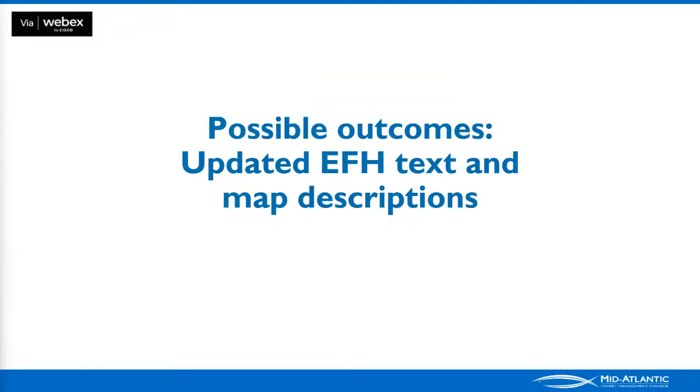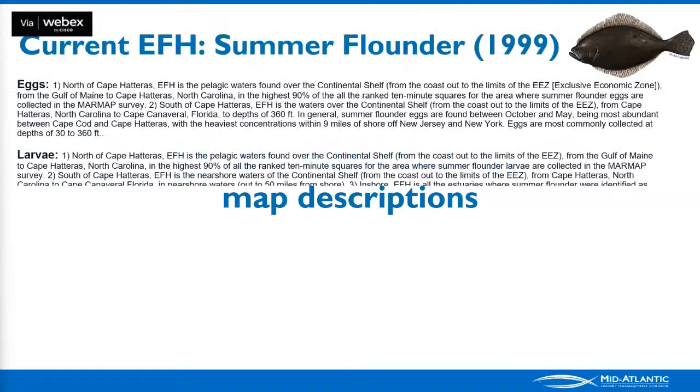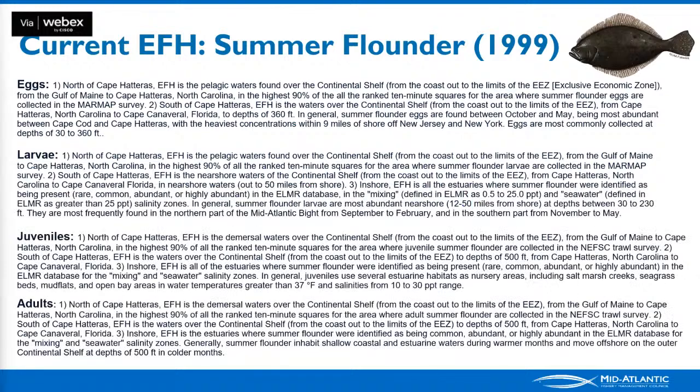So some possible outcomes. We noted some of these in the memo that's in your materials, but we would expect to have updated EFH text and map descriptions. Just as an example, I've pulled up summer flounder to show you what we have and then what we may be able to work with. So summer flounder, the most recent designation was from 1999, and you have detailed text descriptions associated with that.